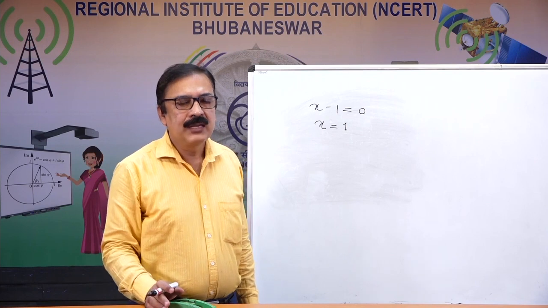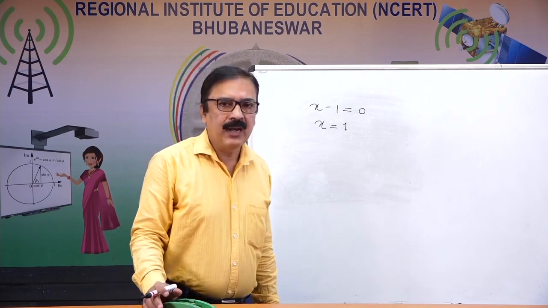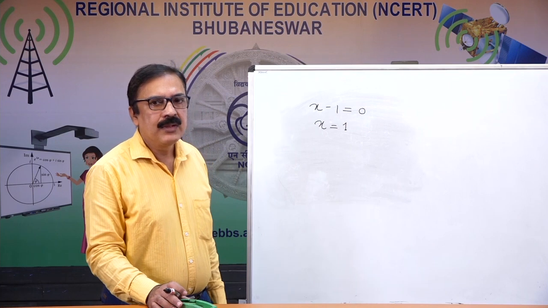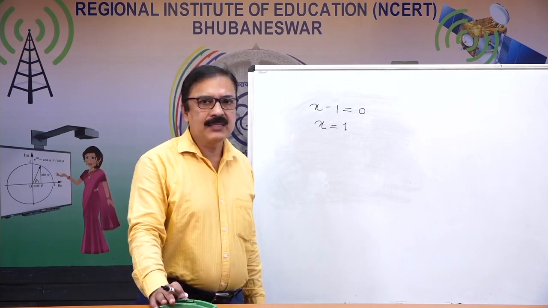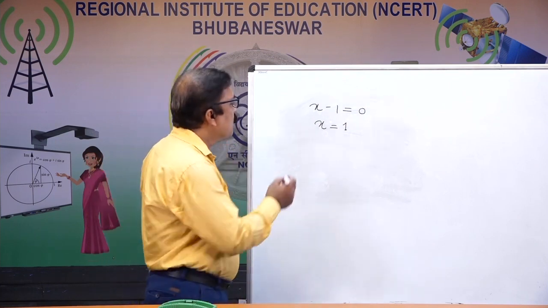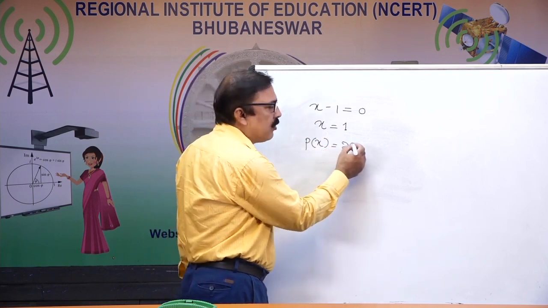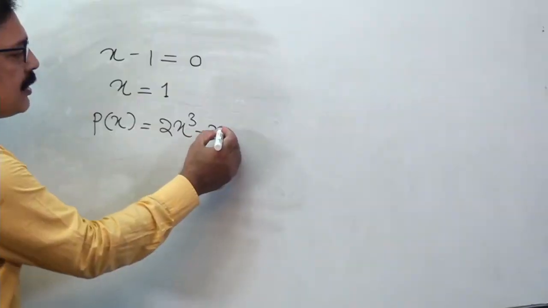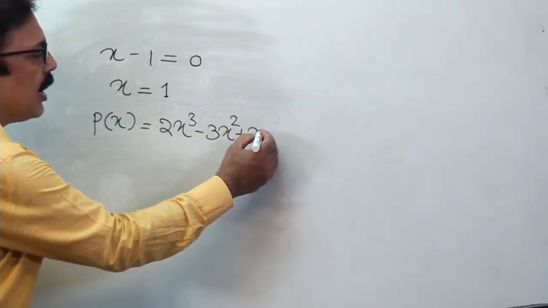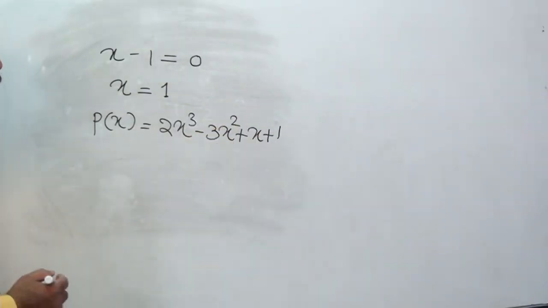Let's evaluate the given dividend for the value of x at 1. So px, as given, is equal to 2x cube minus 3x square plus x plus 1.